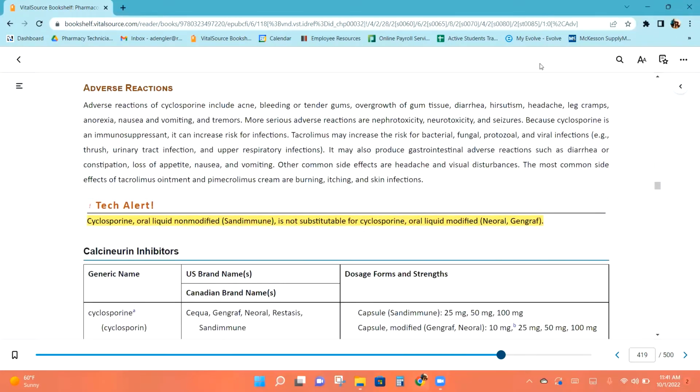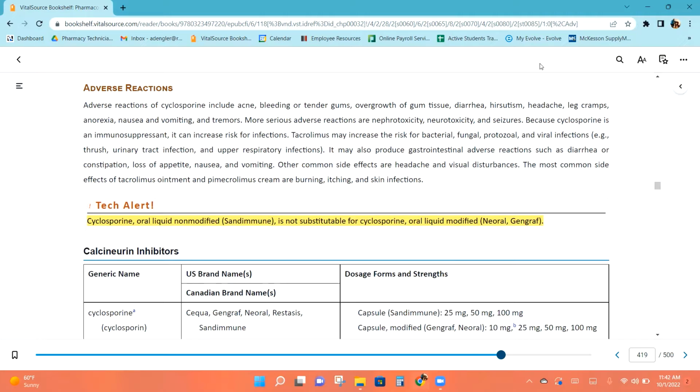Adverse reactions of cyclosporine can be acne, bleeding or tender gums, overgrowth of gum tissue, diarrhea, headache, leg cramps, anorexia. Because cyclosporine is an immunosuppressant, it can increase risk for infections. Tacrolimus may increase the risk for bacterial, fungal, protozoal, and viral infections, thrush, urinary tract infection, and upper respiratory infections.